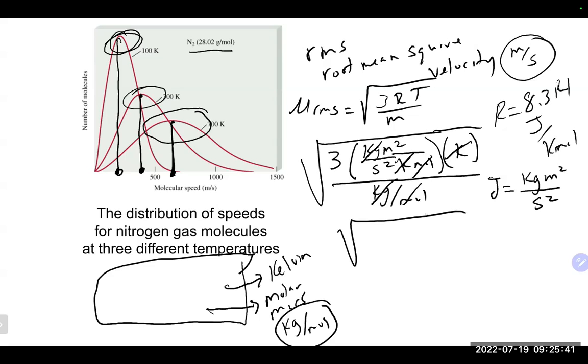That leaves us the square root of meter squared over second squared, which when we take the square root leaves us with meters per second. The good news is R is still the same number, 8.314, regardless of whether you use it as joules or whatever. The only important part is the bottom: instead of grams per mole for molar mass, you need kilograms per mole so that all the units cancel out correctly.